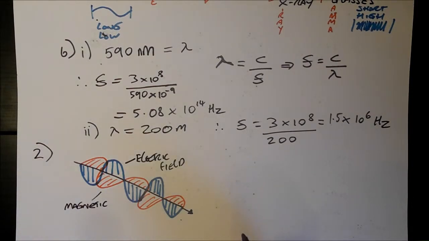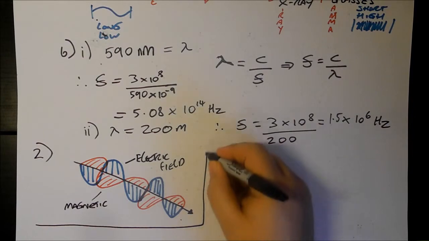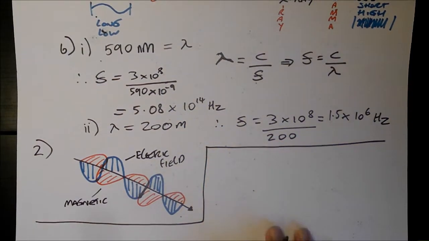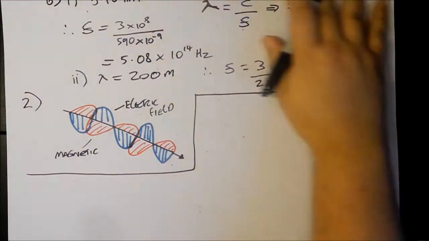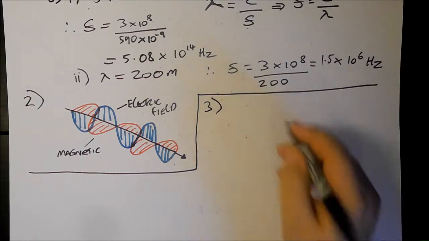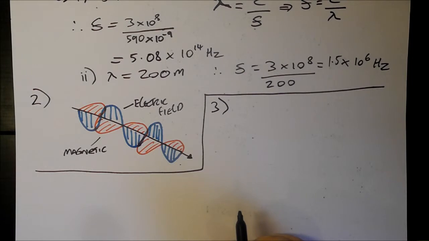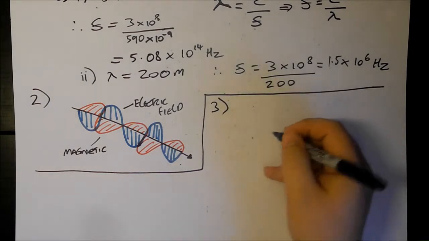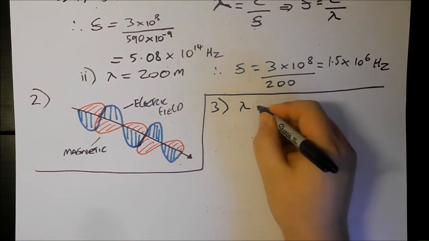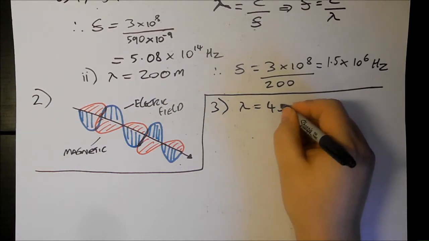Okay, so for part 3, it says light from a certain light source. Let's give some space to work in. Okay. Light from a certain light source has a wavelength of 430 nanometers. So as soon as I read it, I write it down.